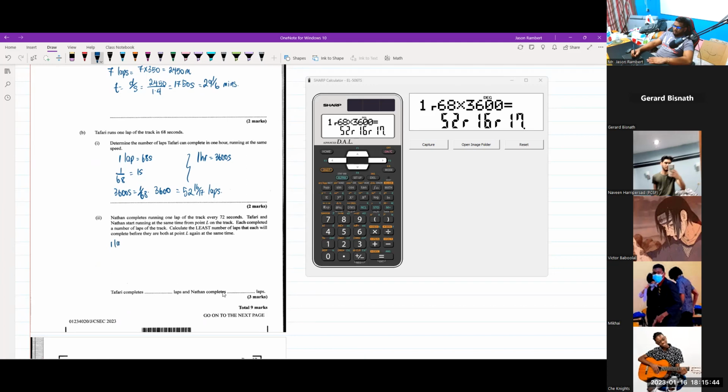So one lap is 72 seconds. And Tafari, one lap will be 68 seconds. So every 1 second, he will complete 1/72. And every 1 second, he's going to complete 1/68.